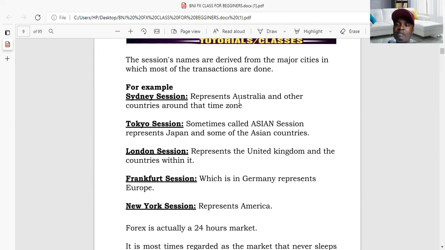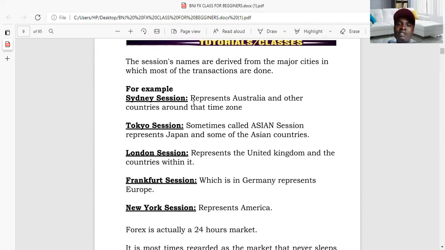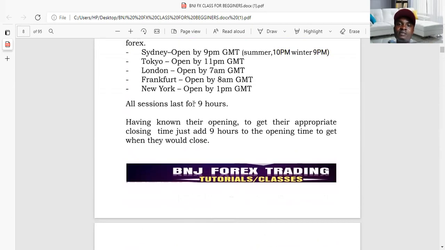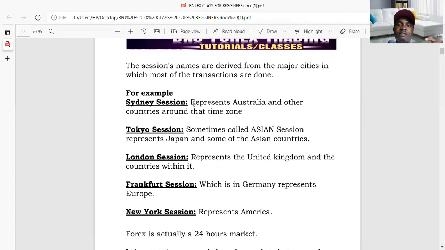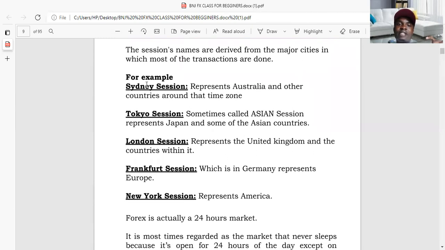I want to give you an assignment now. Drop the currencies. Go and do research on it. I want you to do research on the currencies that you will find within this session: Tokyo session, London session, Frankfurt session, New York session.